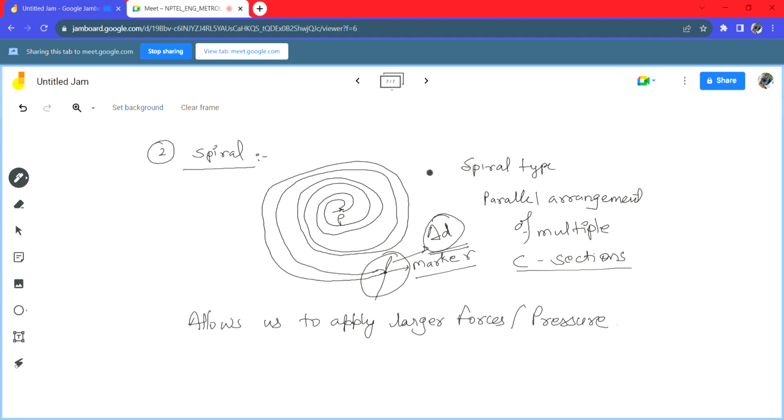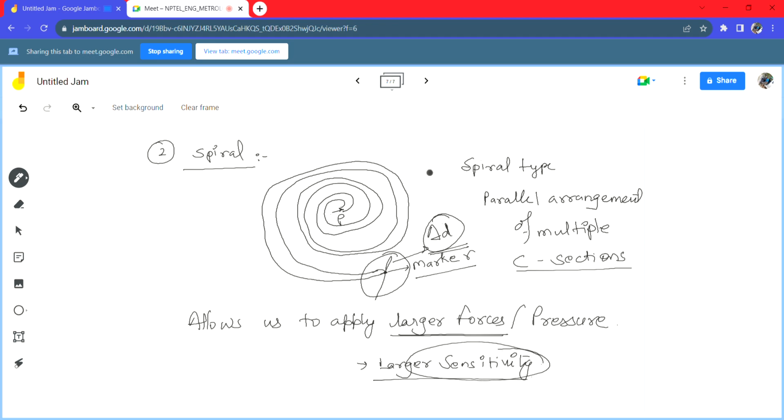So the only benefit that we have, concept-wise, C-type elements and spiral elements are the same, but the benefit that we get here is we can measure much larger forces with larger sensitivity. What does this mean?